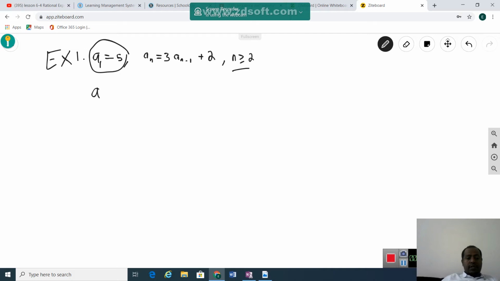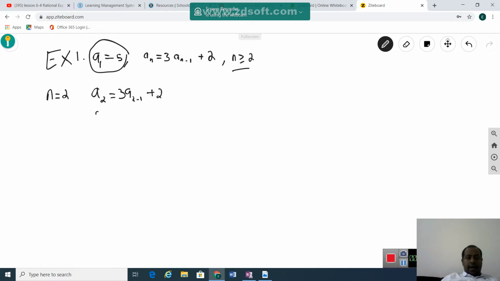To find the second term, first I need to plug in the value of n equal to 2. So a sub 2 is equal to 3 times a sub 2 minus 1, plus 2.